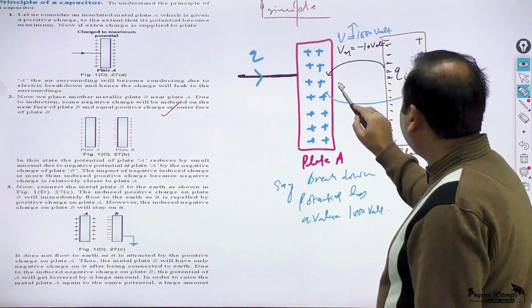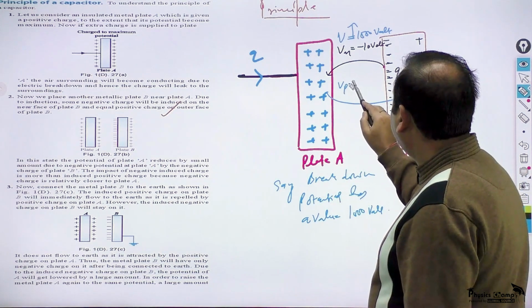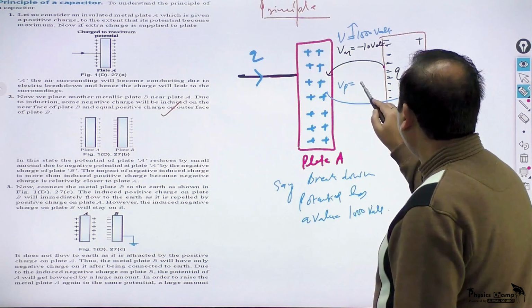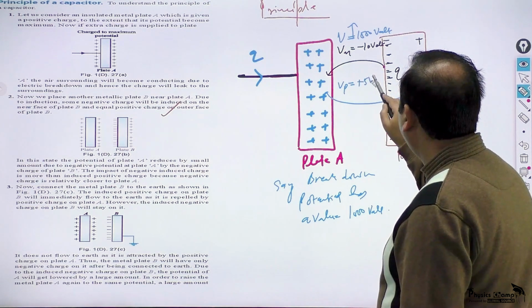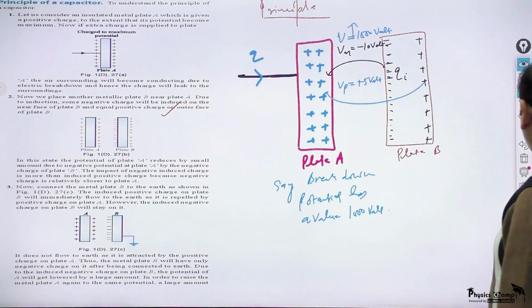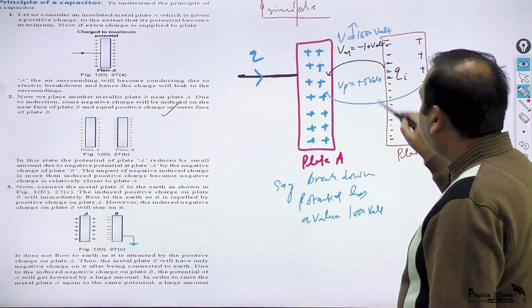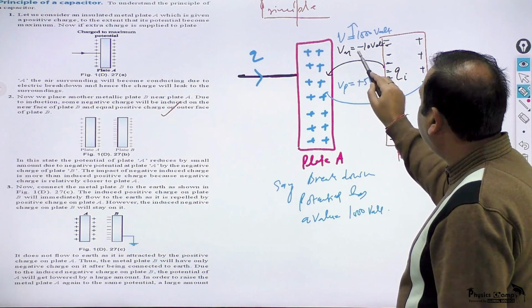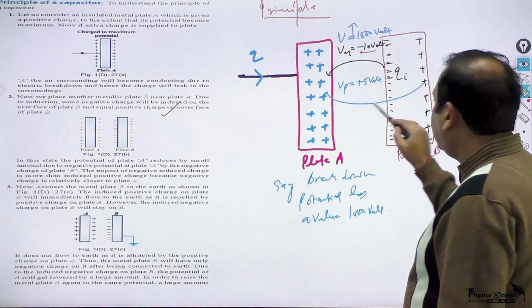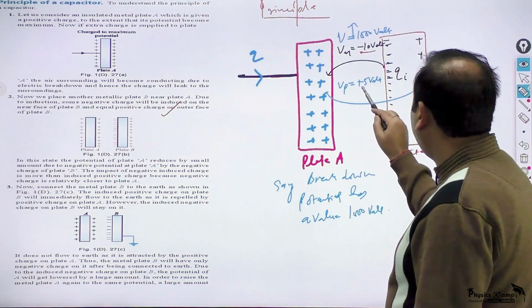Due to this positive induced charge, the potential which reaches plate A is, say, plus 5 volt. So you can see, due to this negative induced charge, there is a negative potential which reaches plate A, minus 10 volt, and due to this positive induced charge, the positive potential which reaches plate A is, say, plus 5 volt.